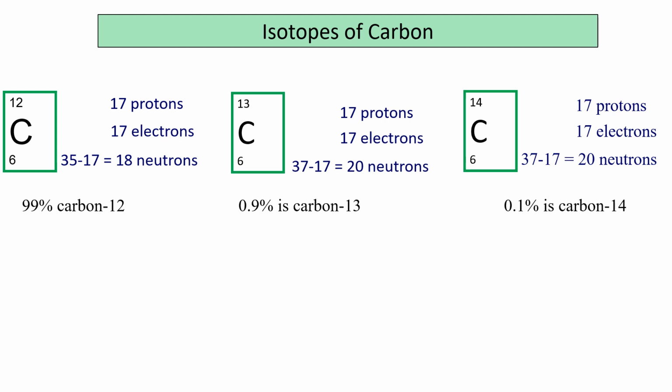So again, let's take the first isotope, carbon-12, and we take the mass number and we multiply by the percentage of 99.